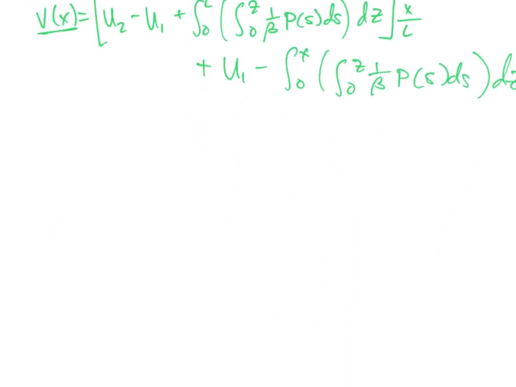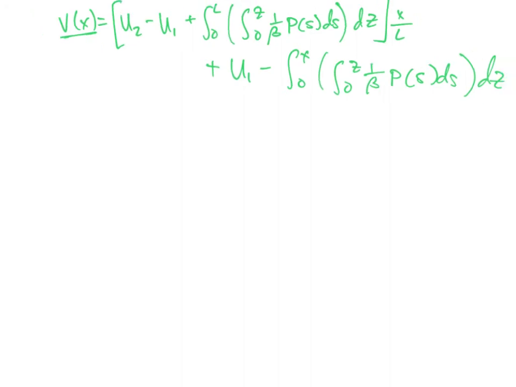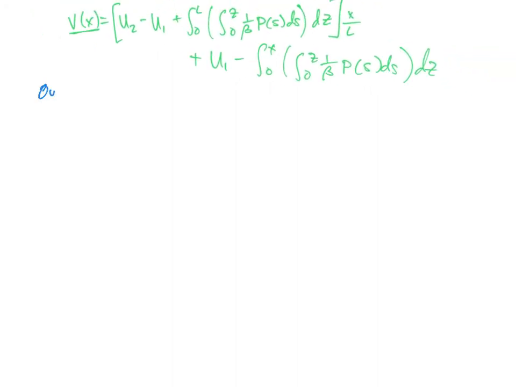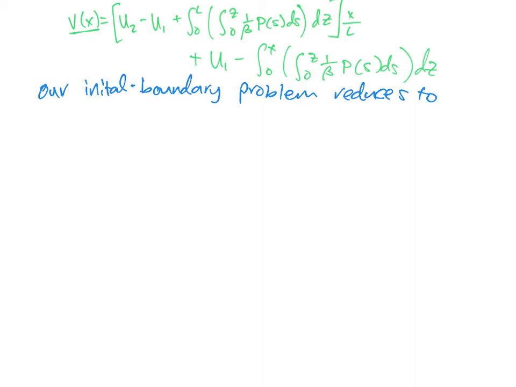So since we know we can find a v that satisfies this, we use that over here, and our blue problem is going to become now our initial boundary problem reduces to the time derivative of w, dw dt, equals beta times d squared w dx squared.